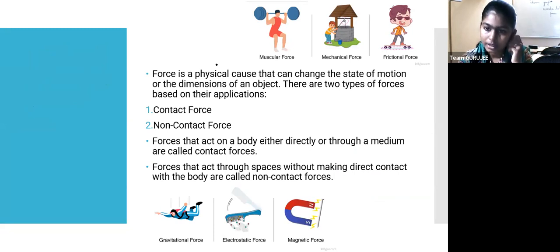Force is separated into contact and non-contact forces. Contact force, by the name itself you can predict it: the object and the force-giving object are both in contact with each other.